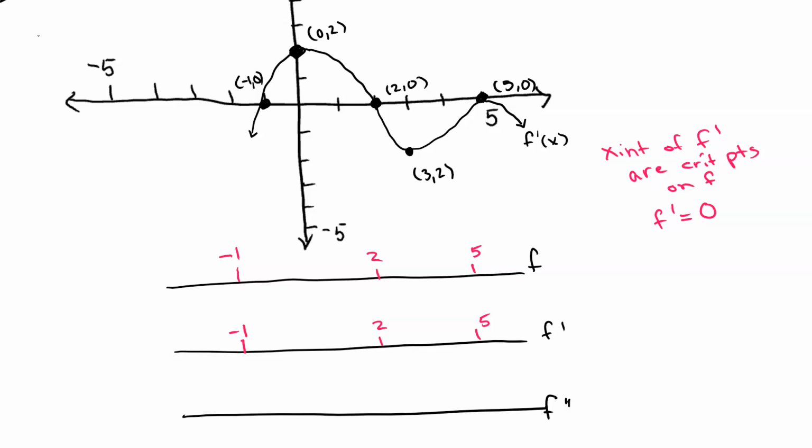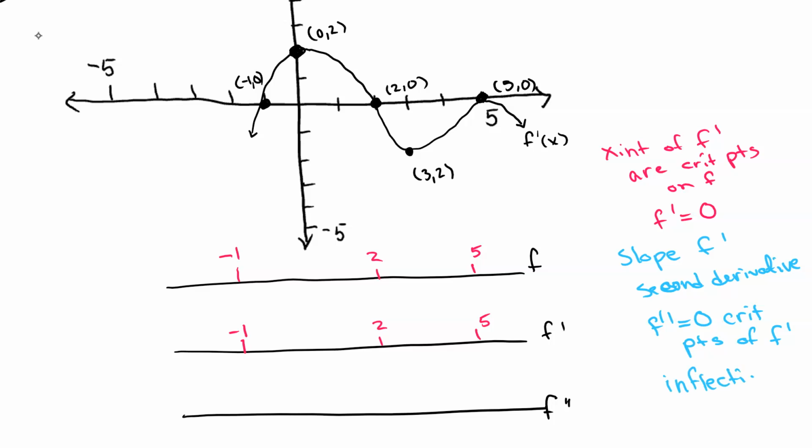All right. Next, we have to look at the slope of our derivative graph, and that's going to be your second derivative. So f prime equal to 0 would be f double prime equal to 0. These are going to be your critical points of the first derivative graph and inflection points of your original graph.